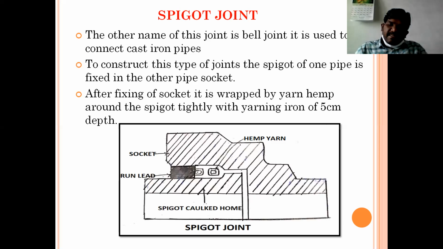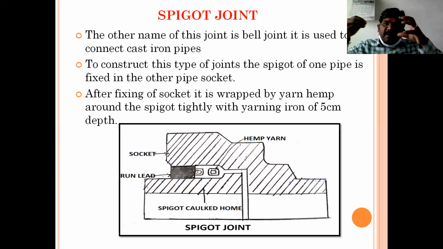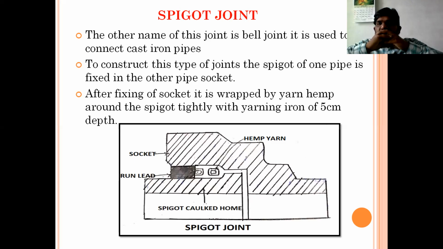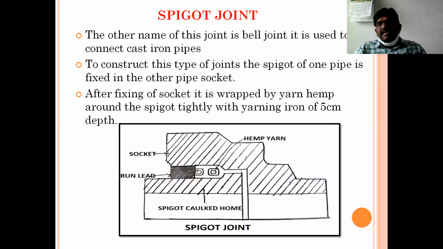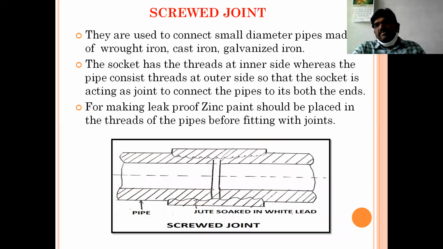The spigot of one pipe is fixed in the other pipe's socket. After fixing into the socket, it is wrapped, then tightened around the spigot, almost up to 5 centimeters depth. This is what the spigot joint is about.